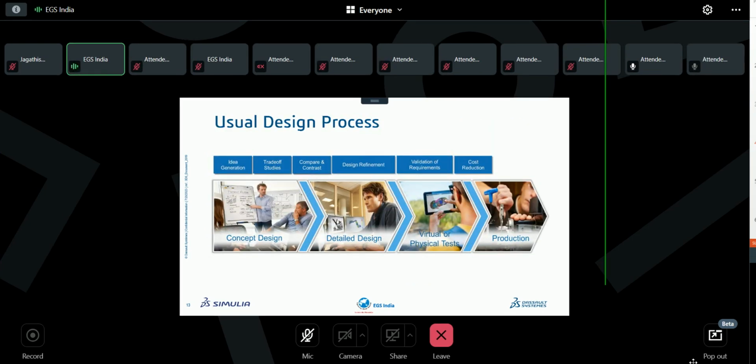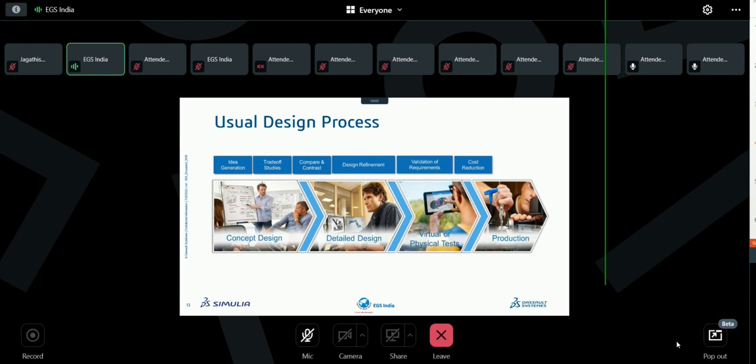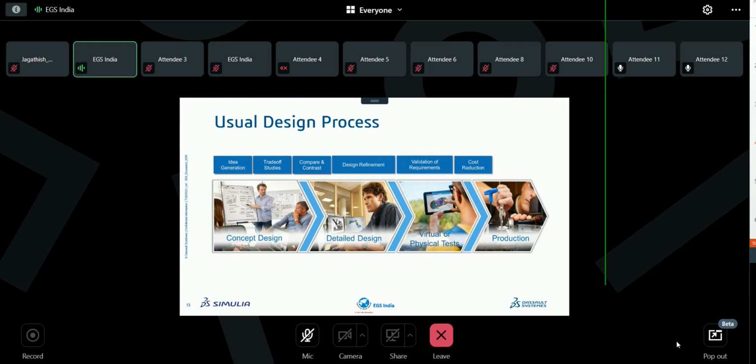What is the usual design process that we follow while developing a product? We do the conceptual design, and we develop that conceptual design into a detailed design, so that we can trade off some of the studies, and establish which parameter has to be established or which parameter has to be enhanced, so that with that parameter we can develop the entire product in an efficient way.